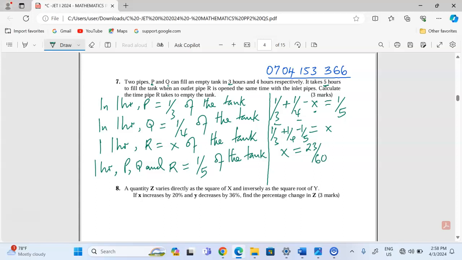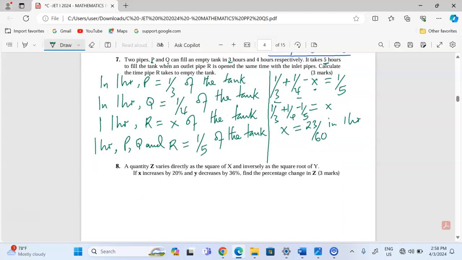So if this outlet pipe can empty 23 over 60 of the tank in 1 hour, it should be understood that this is in 1 hour, then it needs time, which is equivalent to the reciprocal of this fraction.